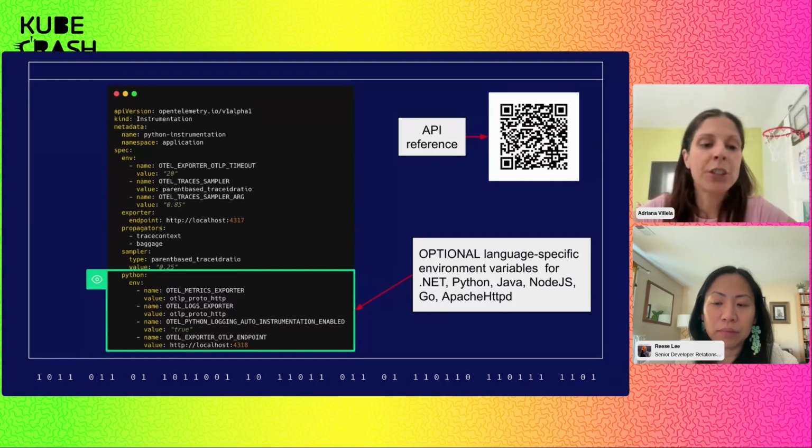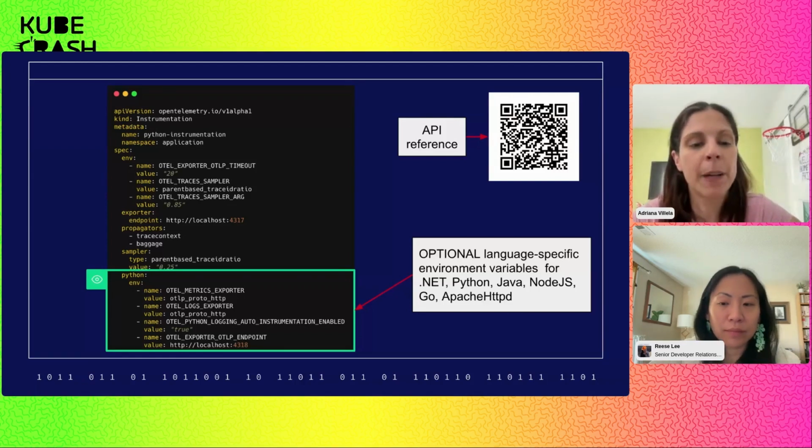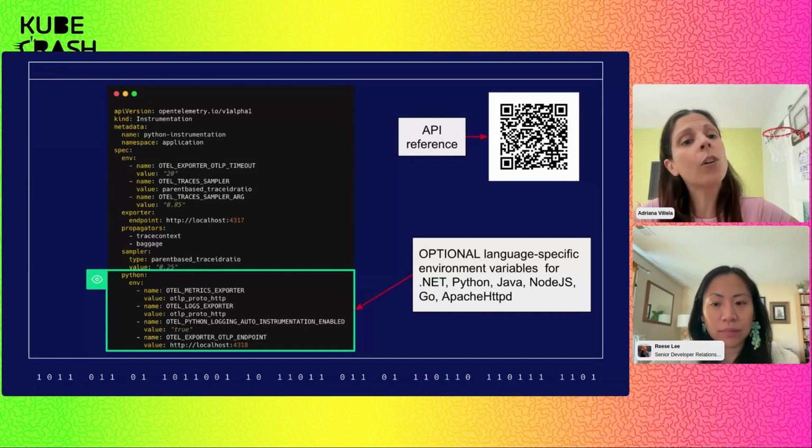So ideally I could have a section in here for Python and a section in here for Java and a section in here for .NET if I have microservices written in these languages. Or if you want, you can do language specific instrumentation configurations. So you can do some nice mixing and matching, which is awesome.